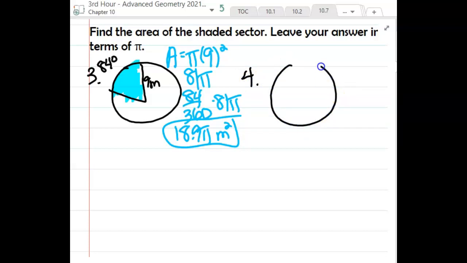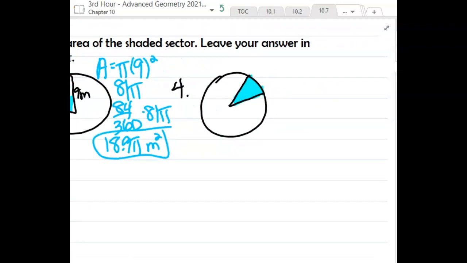Let's do another circle here. We'll look at a little bit smaller sector. This area right here. Now for this circle, that arc is going to be 45 degrees and have a radius of 4 inches.